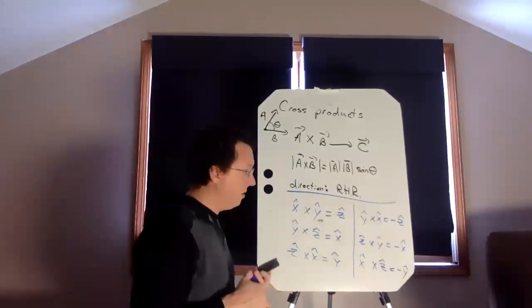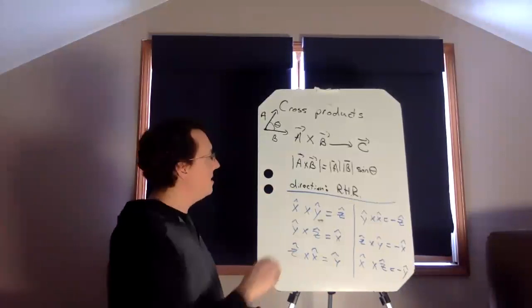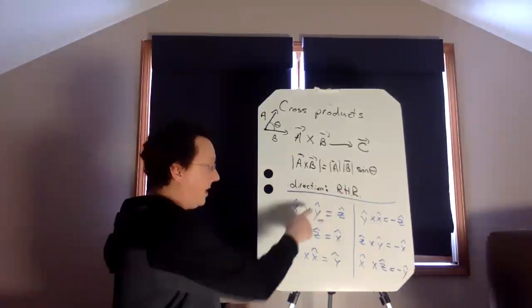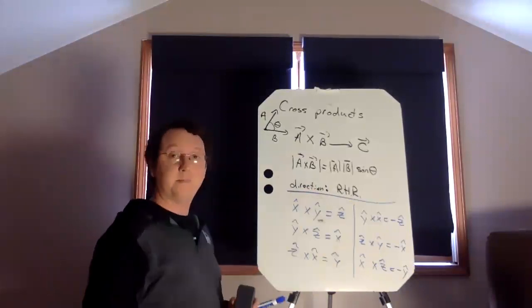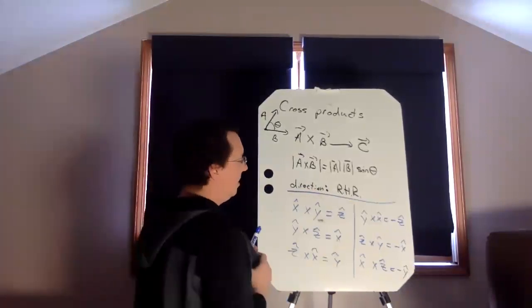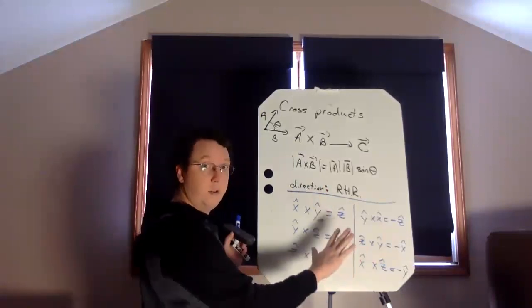Okay, so hopefully those are familiar. You can kind of picture it. Take a second, maybe review the right-hand rule. You should be able to very quickly verify that these are correct. Okay. That's fine. Those are useful things.